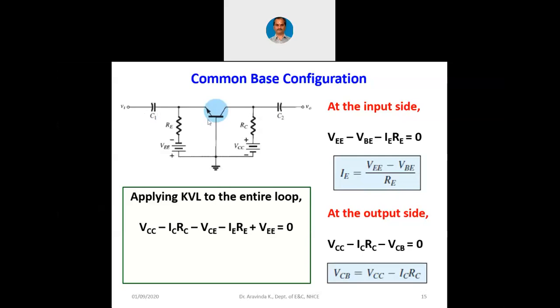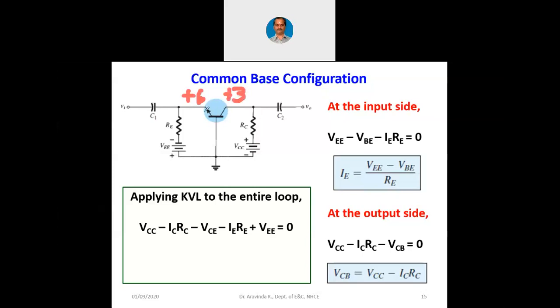Just imagine, let me annotate this once again. Imagine here we have VCC. Imagine there is some DC voltage here. Let us say there is plus 6 volts at this emitter and plus 3 volts at this collector.